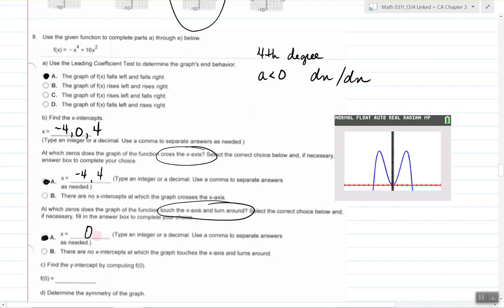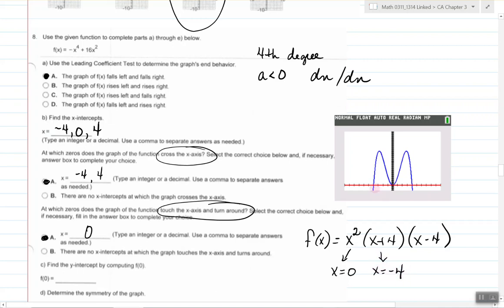Although we didn't see this because I used the grapher, I want you to know that this function looks like f of x equals x squared times x plus 4 times x minus 4. Those would be the factors. This one would give you x equals 0, but it is multiplicity 2. That's why it touches. This one would give you x equals -4.